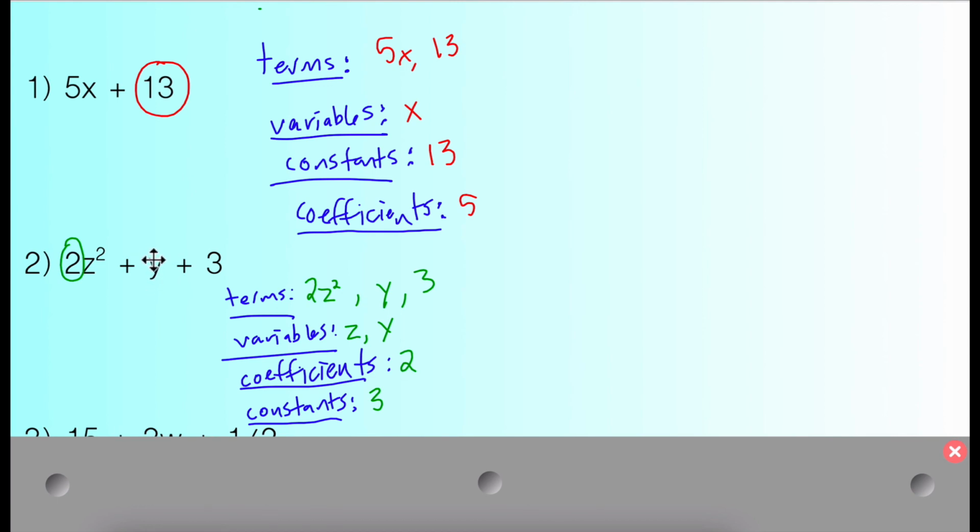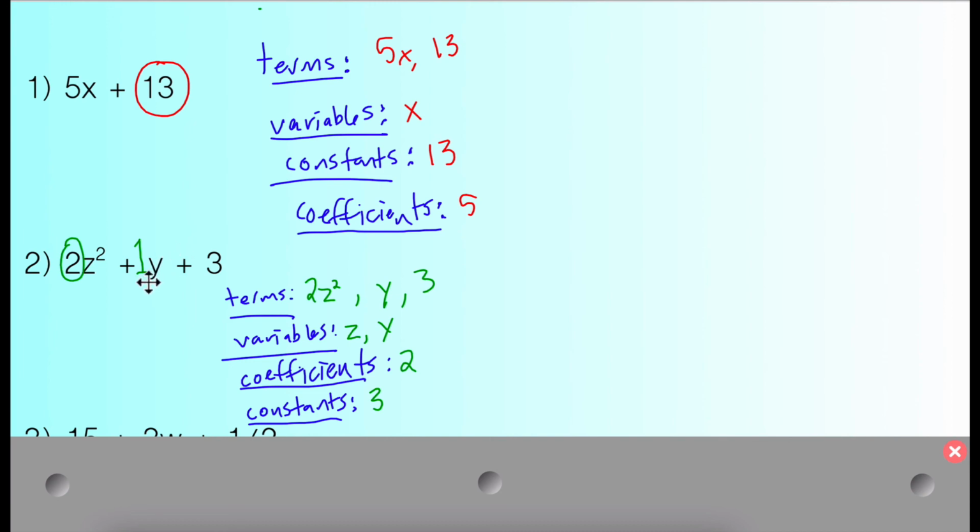What it means is its coefficient is the number 1. Technically, and this sounds a little silly, but technically every number is being multiplied by 1, right? 1 times y is just y. Just like 1 times 2 is just 2, or 1 times 7 is just 7. Anything multiplied by 1 is itself.